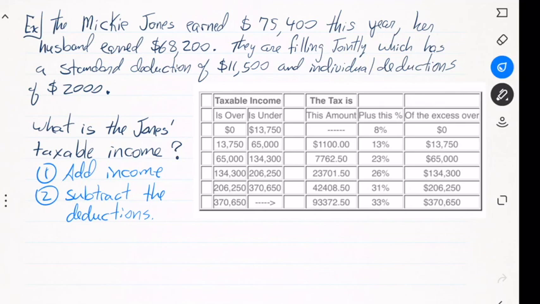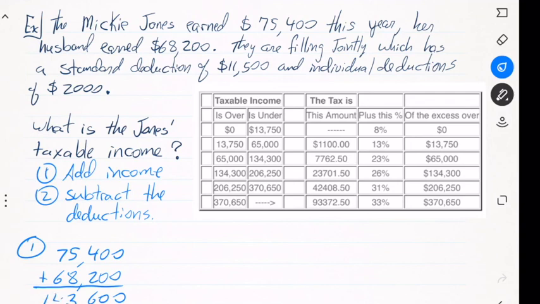All right, so we're going to add the income first. So we start with $75,400, and we're going to add on to that $68,200, and this will be the total income. Let's see, that's $143,600.